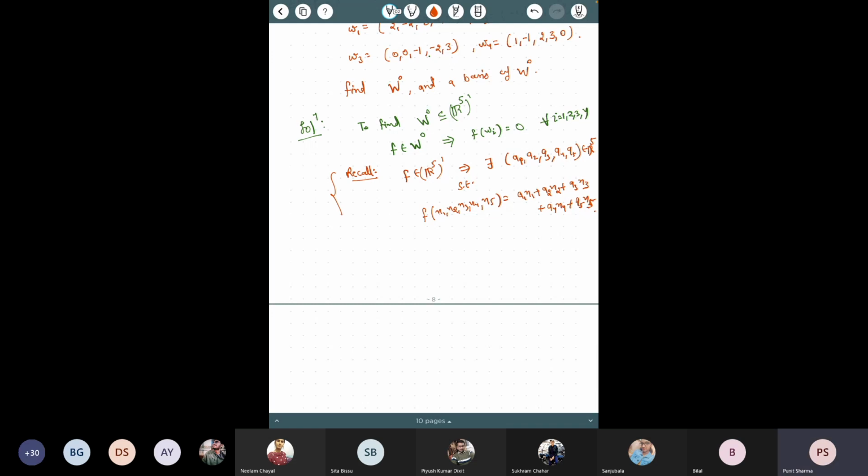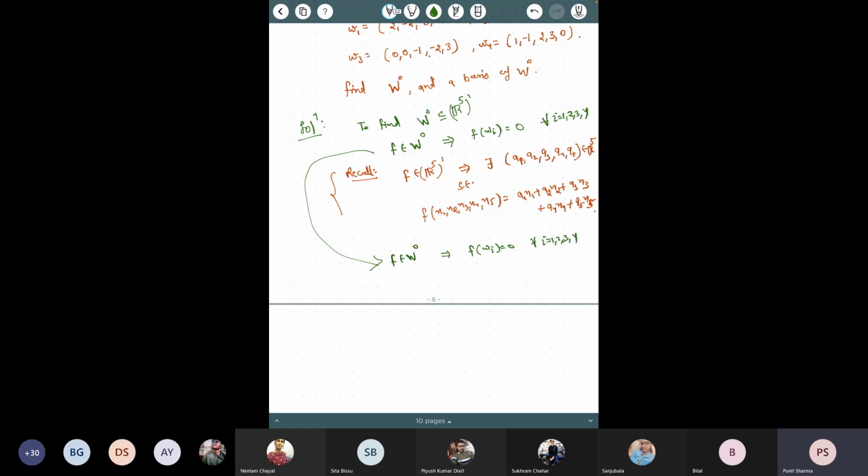Now using this fact, you can find a solution. So now come back to this again. If f is in W nor, then this implies that f of wi is 0, as I have already written, i equal to 1, 2, 3, 4.